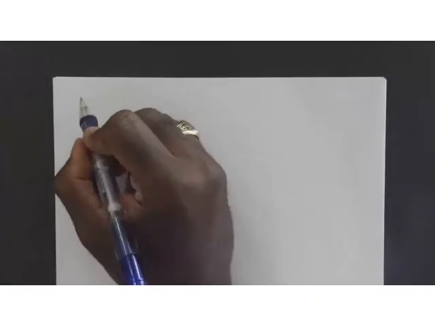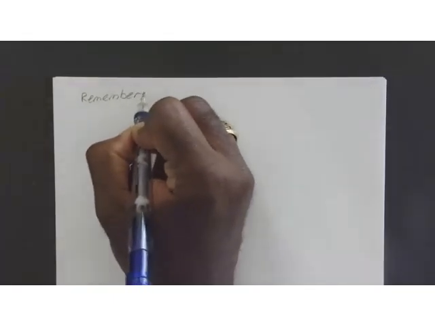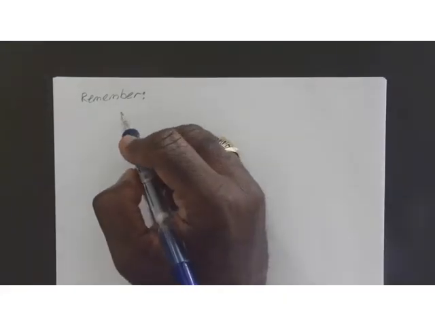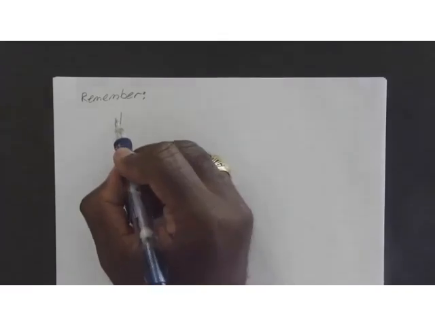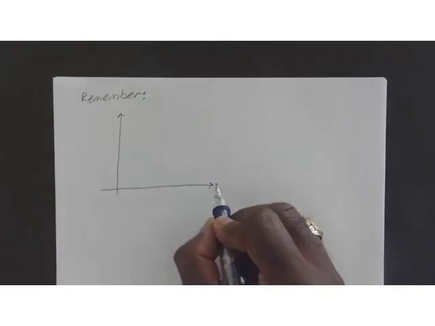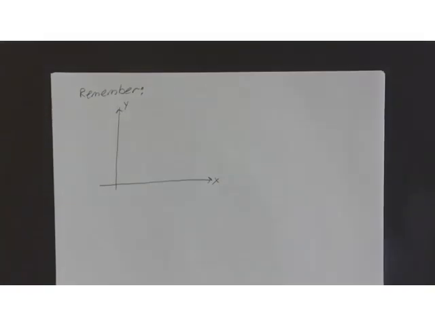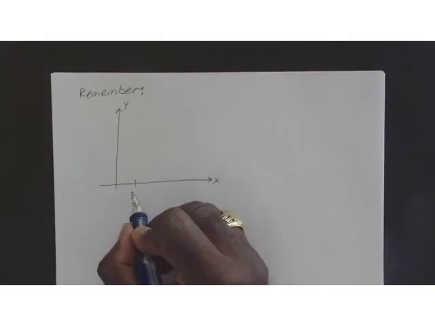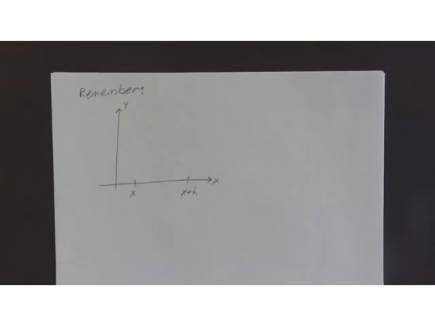Okay. So now we're going to do a few applied problems, kind of prediction problems. But first, if you remember, just a quick review. Let's say we have our value x and some value x plus h.